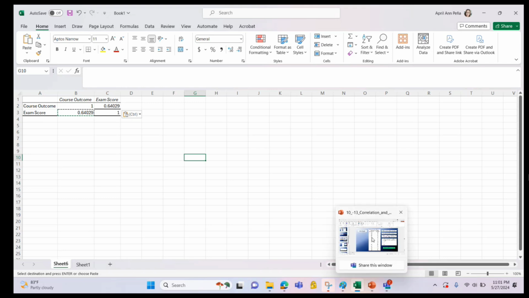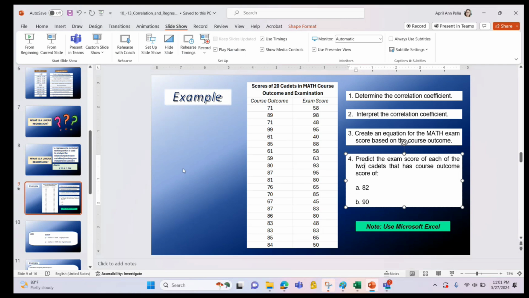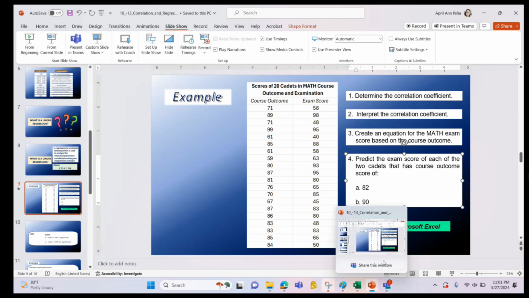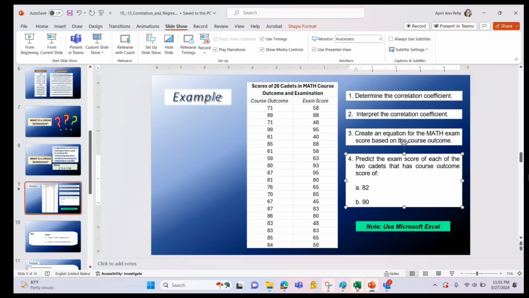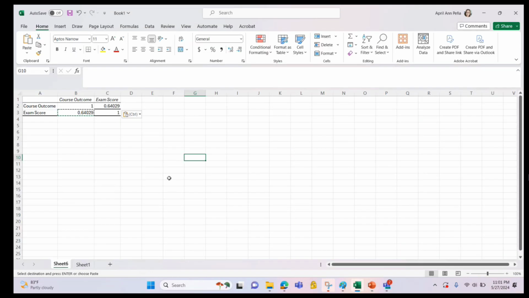So going back to our PowerPoint, we already have the correlation coefficient. Later we are going to interpret it, or actually, if you want, you can interpret it already. However, I do suggest that you do the regression after computing for the correlation.